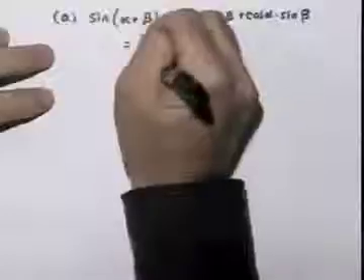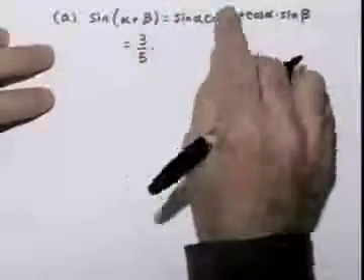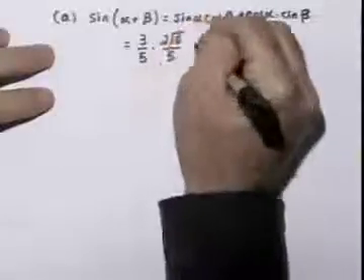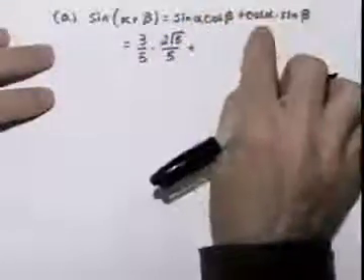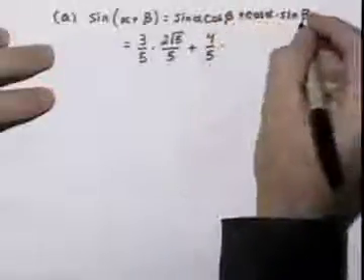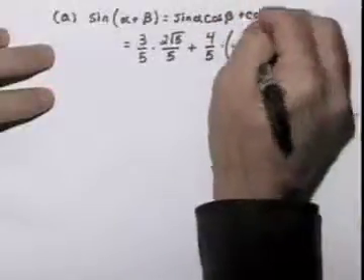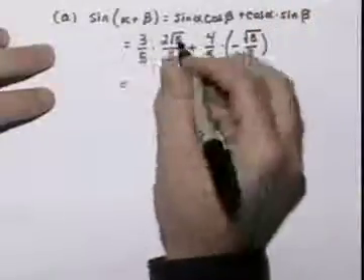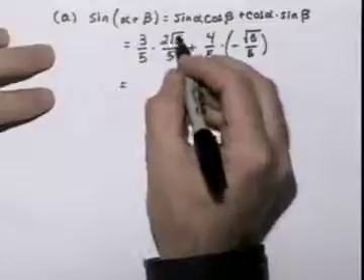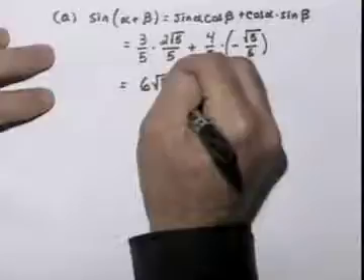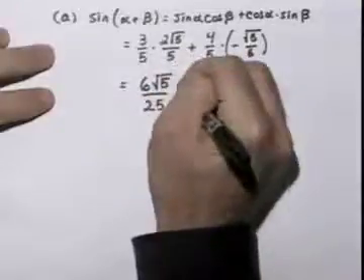Remember, the sine of alpha is 3/5. The cosine of beta is 2√5/5. Plus, the cosine of alpha is 4/5. The sine of beta is negative √5/5. So 3/5 times 2√5/5 is 6√5/25.